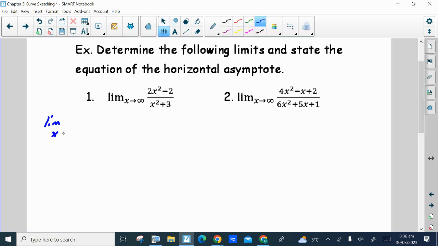We had the limit as x approaches infinity. The highest power of x here is x squared, so that's what we're going to divide each term by as we break this up and take the limit of each individual term.